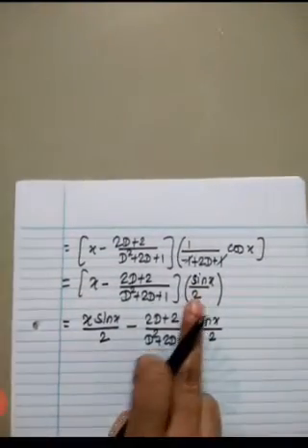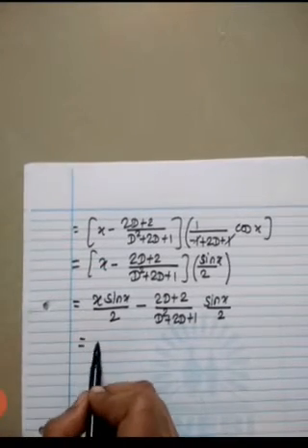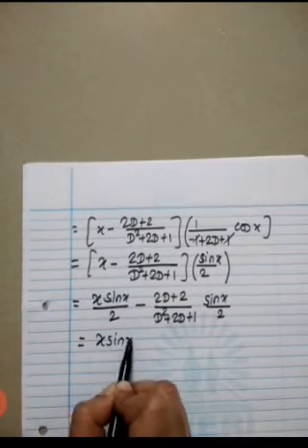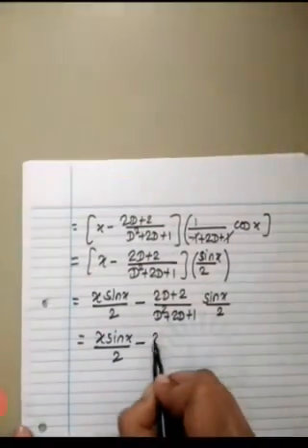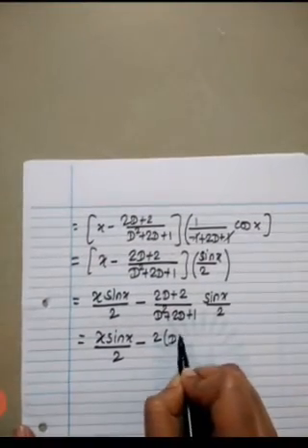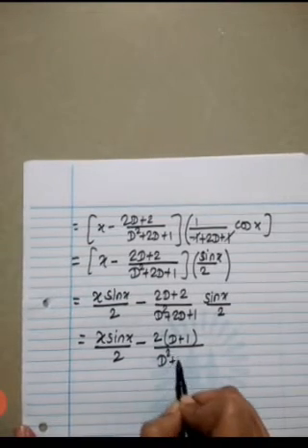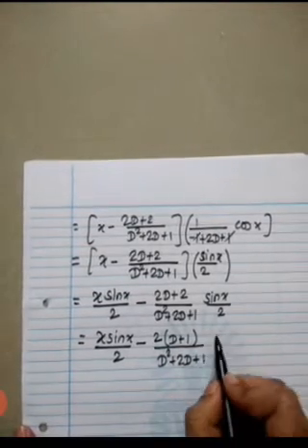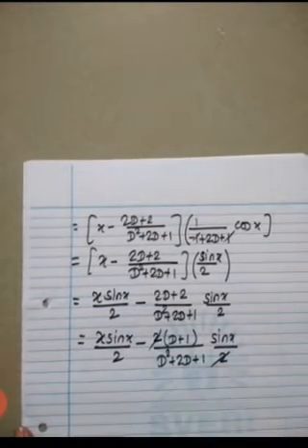This into this into this. So it is x sin x by 2 minus, I can take 2 common out, 2 into (D plus 1) upon (D square plus 2D plus 1) sin x by 2. And these two get cancelled.